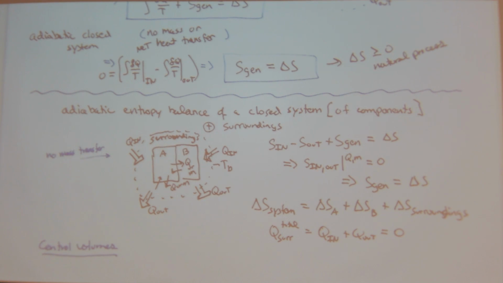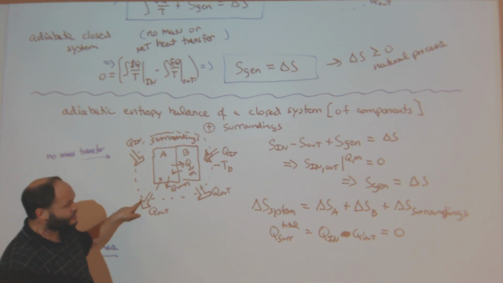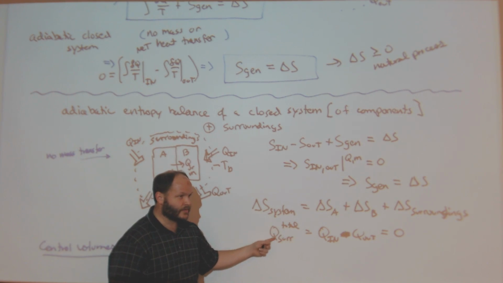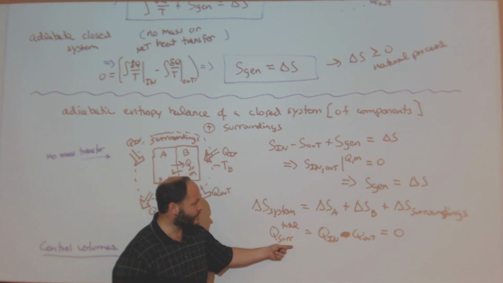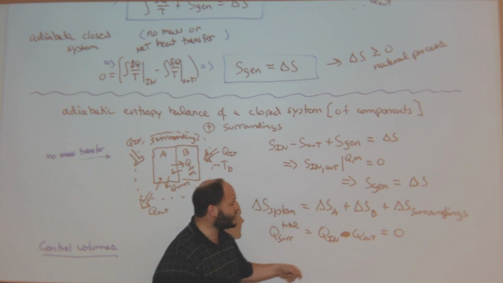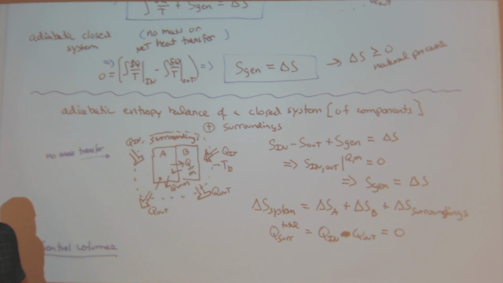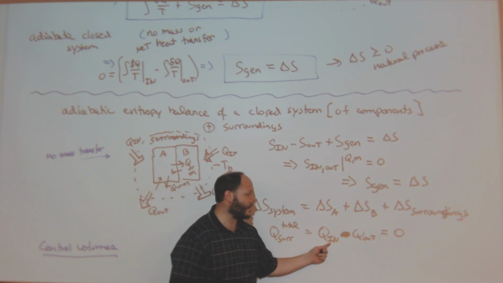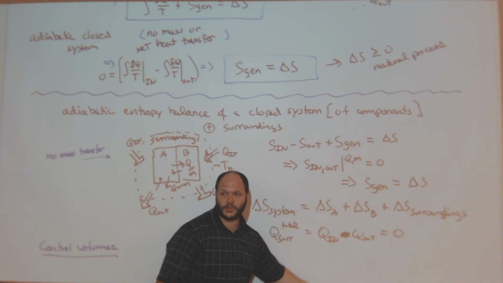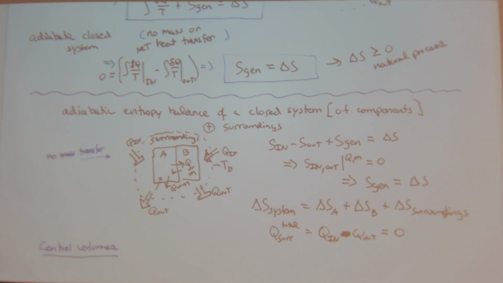Well, I should say minus QL. So the total amount of heat transfer across to my surroundings is equal to Q in minus Q out. We know because it's adiabatic that delta QS equals 0. So we know that Q in net is equal in magnitude to Q out net.